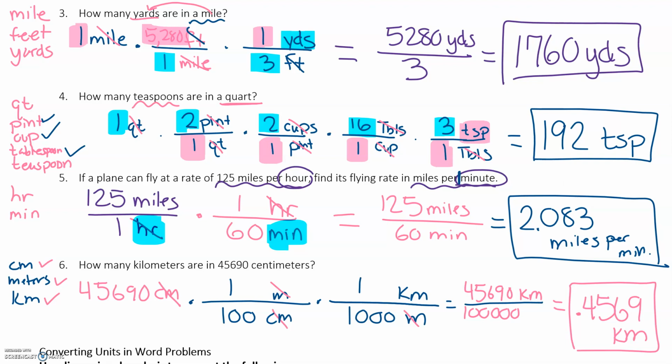Notice my equal sign, this first equal sign right here, tells me I just multiplied the top row and multiplied the bottom row, and then I needed to actually here do the division. We needed to divide, and I used my calculator and I got 0.4569 kilometers.